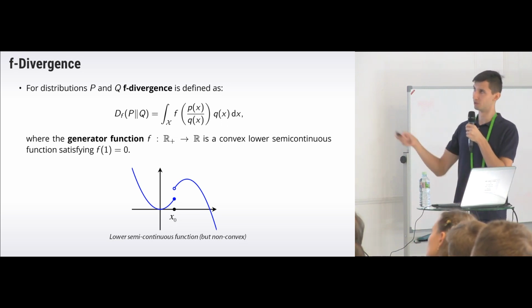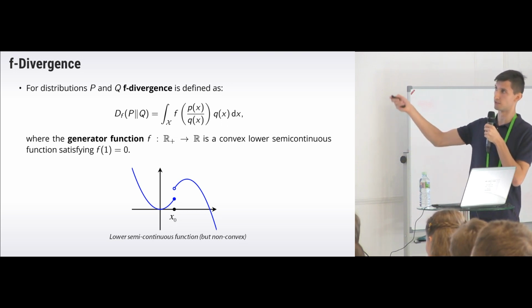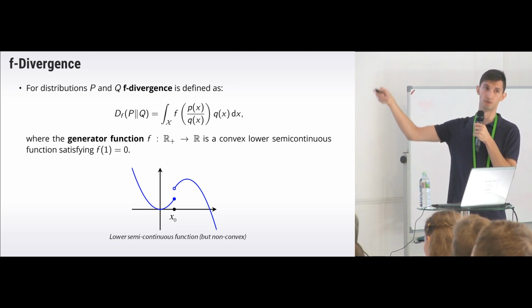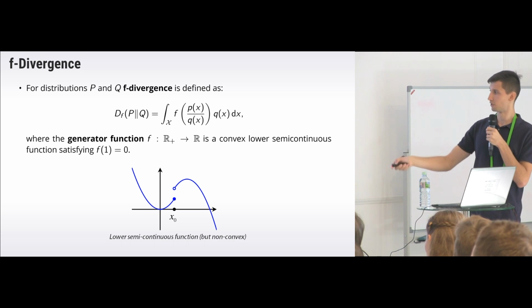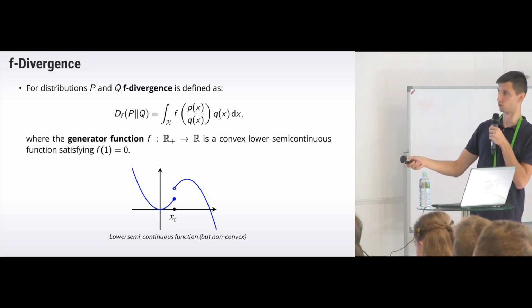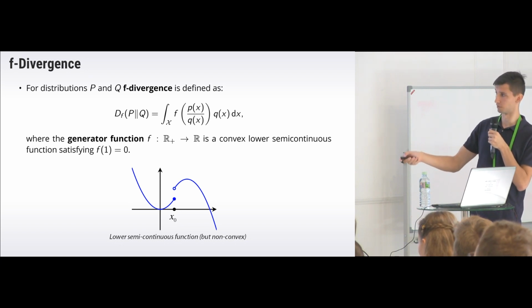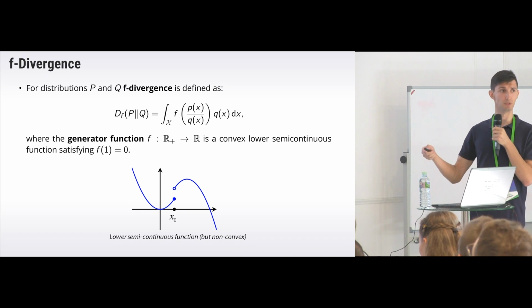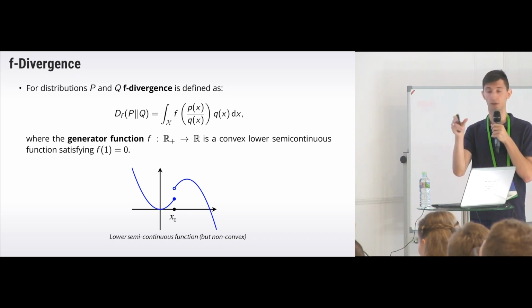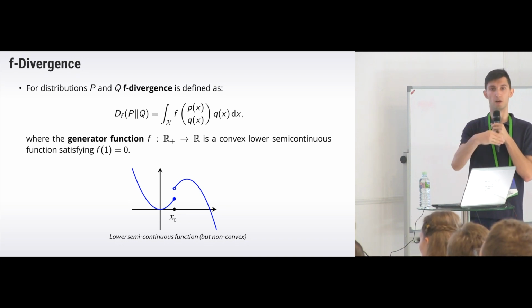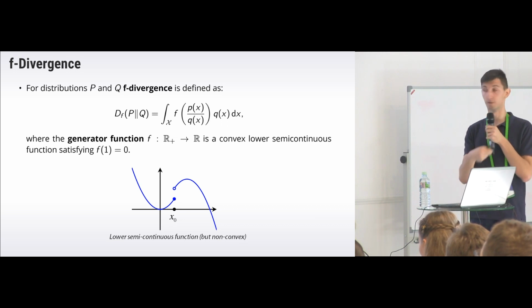You can come up with any function that satisfies those requirements, and it will give another divergence. Just for your information, this is an image from Wikipedia of a lower semi-continuous function. It's not convex, of course, but lower semi-continuous means that if you have discontinuities, the function should be defined from the left side.